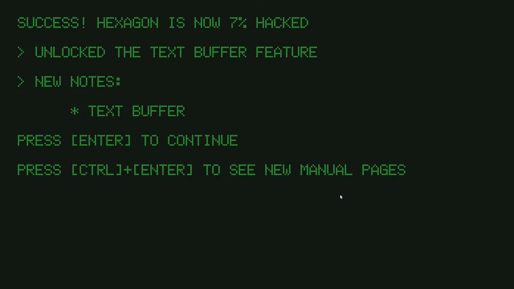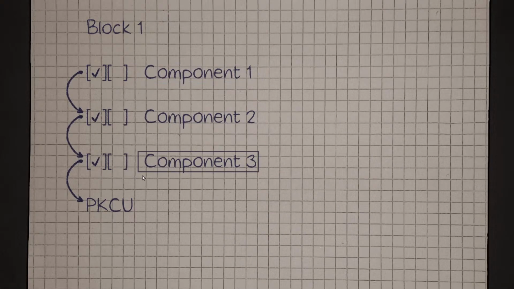When we complete the entire level, we usually also unlock the next feature, and this time we unlock the buffer feature. There is a manual entry for that. I will show you what it does precisely. But first, let's try to hack this. This is an optional part of the game.